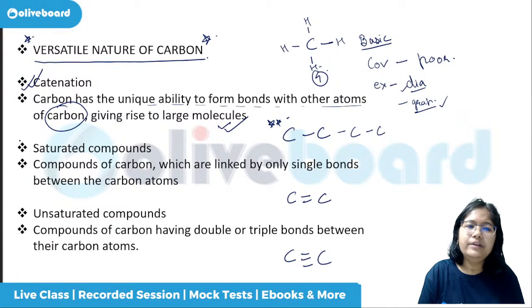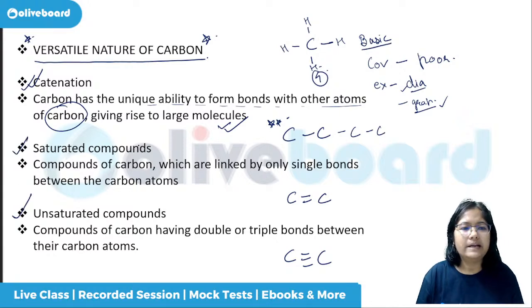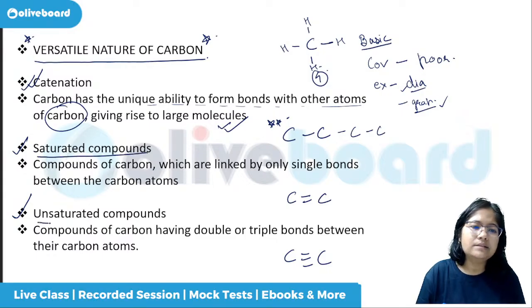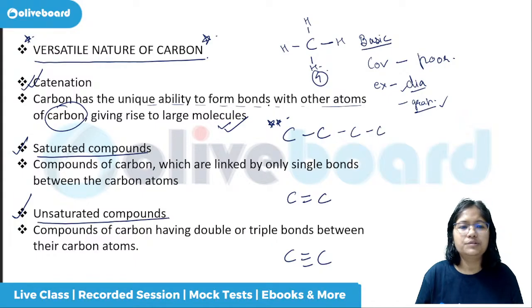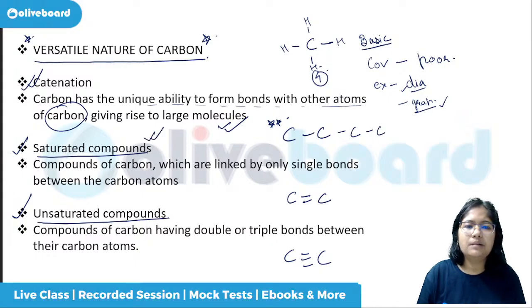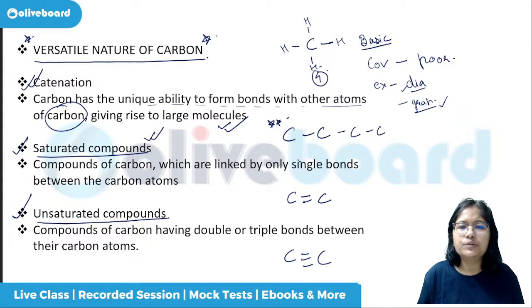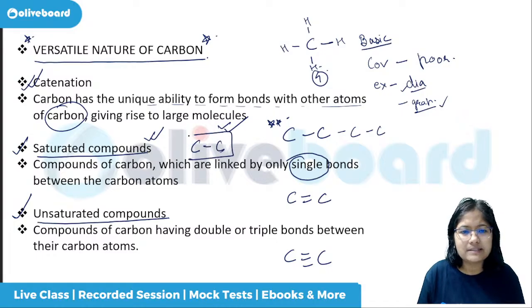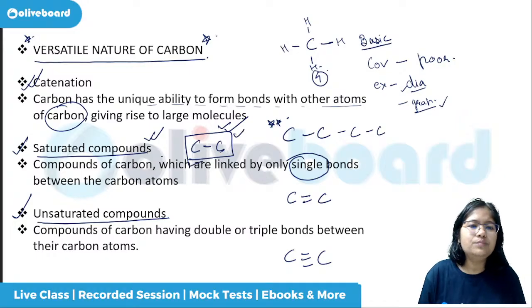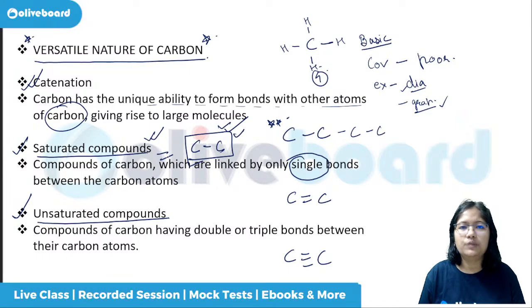Now we can divide these compounds into two types according to the different types of bonds, that is saturated carbon compounds and unsaturated carbon compounds. Saturated carbon compounds are those compounds which will only have single bonds. If the carbon has the single bond, we can say that they are saturated carbons.